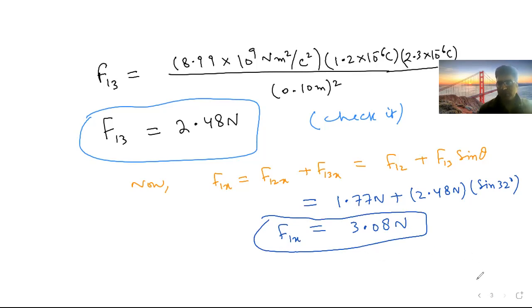Now let us move to the y component. Next page. Now my F1y is F12y plus F13y. Now, what is the y component of F12? That is 0.